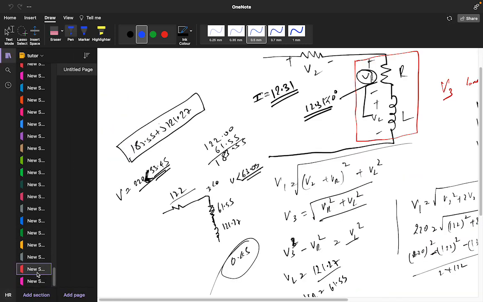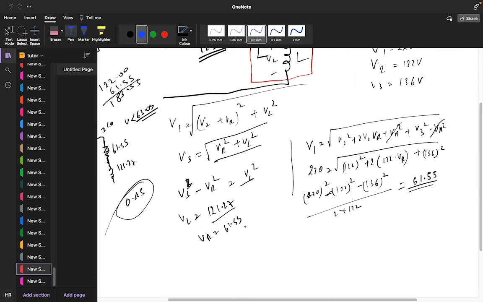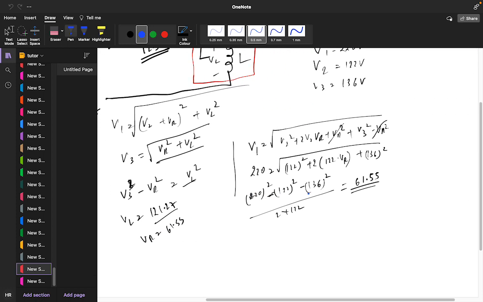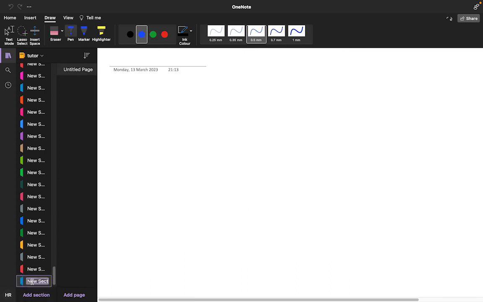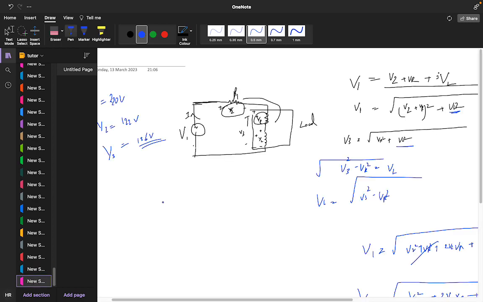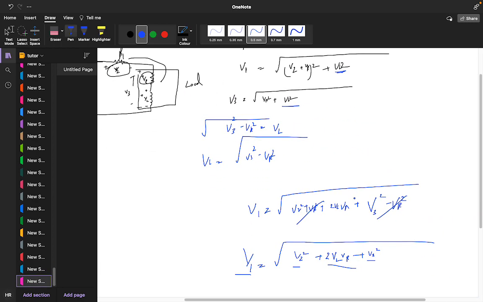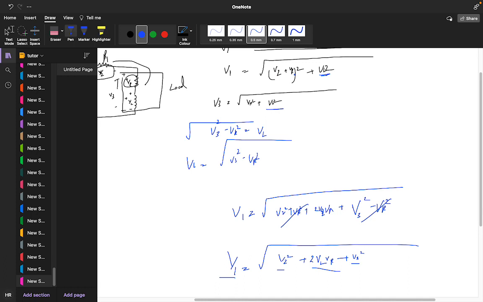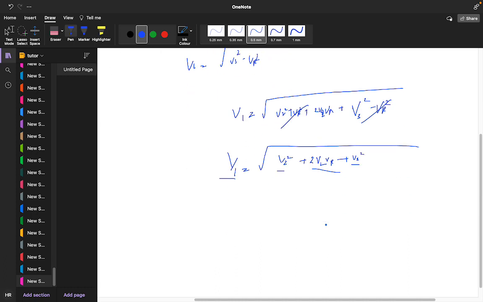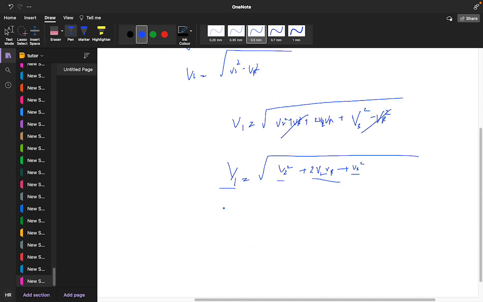Let me show you. So this is V2, not VL. V2 square plus 2 V2 VR. So substitute the values and get the results.